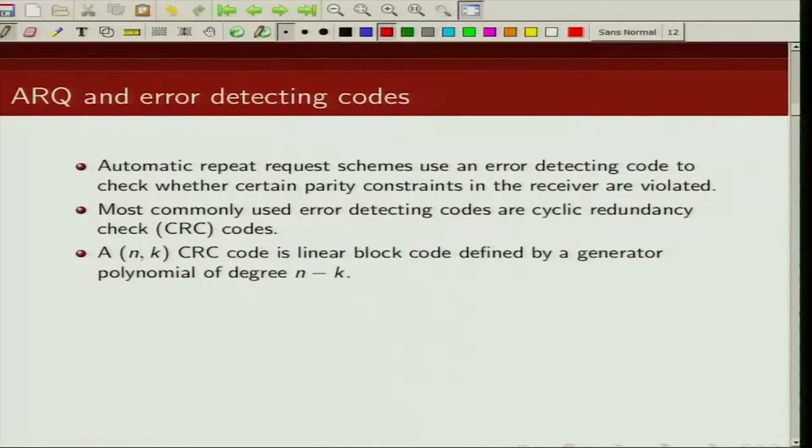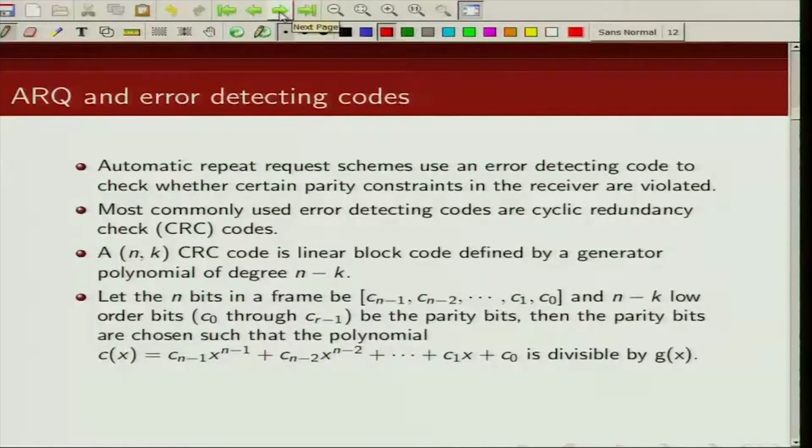It is an (n, k) linear block code. The block size, or code length, is n, the information sequence length is k, so the number of parity bits is n minus k. A CRC code is defined by a generator polynomial of degree n minus k, which is the number of parity bits that we are using.